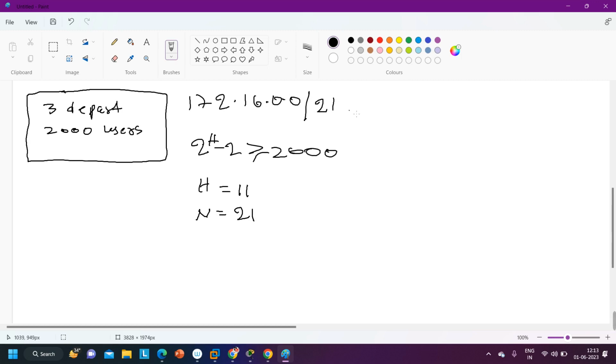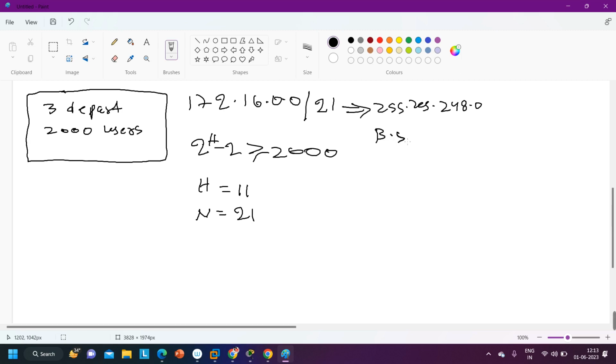If you are using 21, then what will be your subnet mask? 255.255.what? It will be 248.0. This will be the subnet mask.